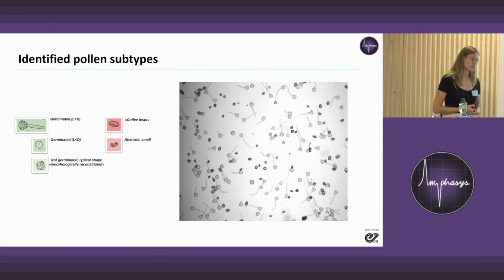And then we have pollen grains which were able to rehydrate, so they took up water and are back in their, let's say, normal morphological shape, but they did not form a pollen tube yet. Then on the right side you can see the coffee bean, so these are the dried pollen grains that remain in this folded shape. And we have the aberrant small cells that we also saw in the presentations before.